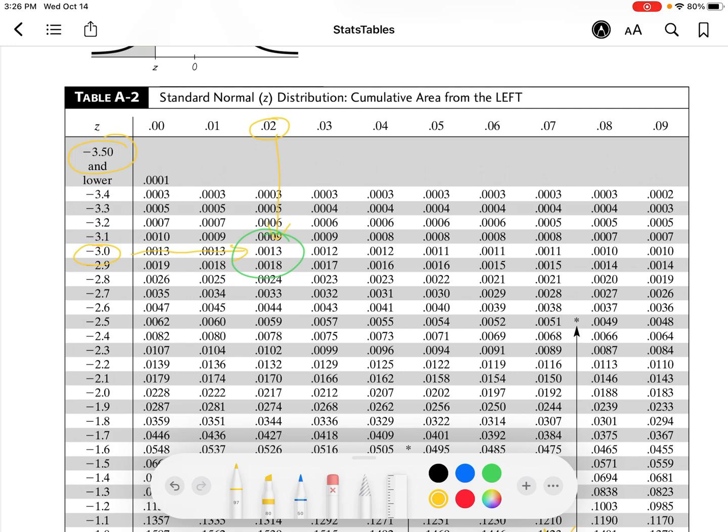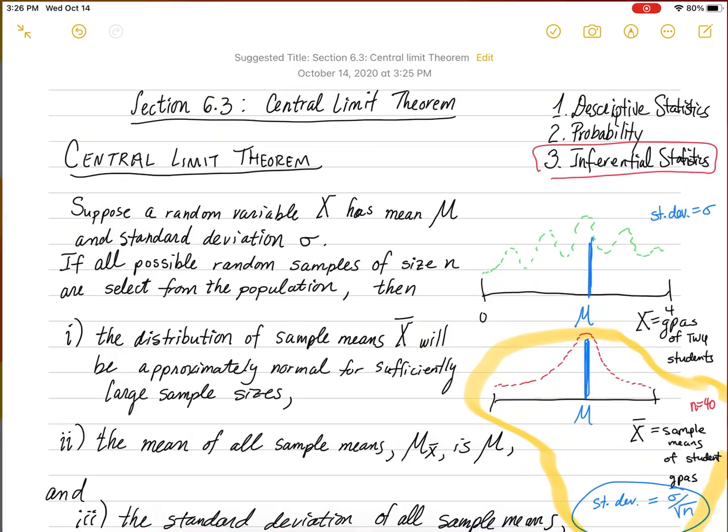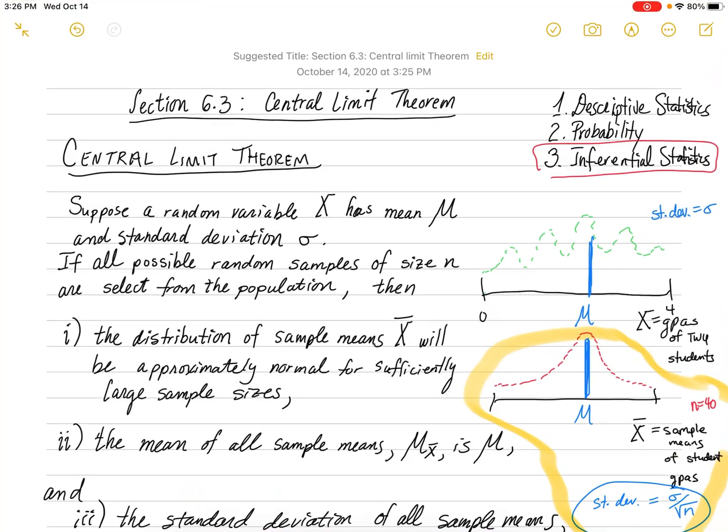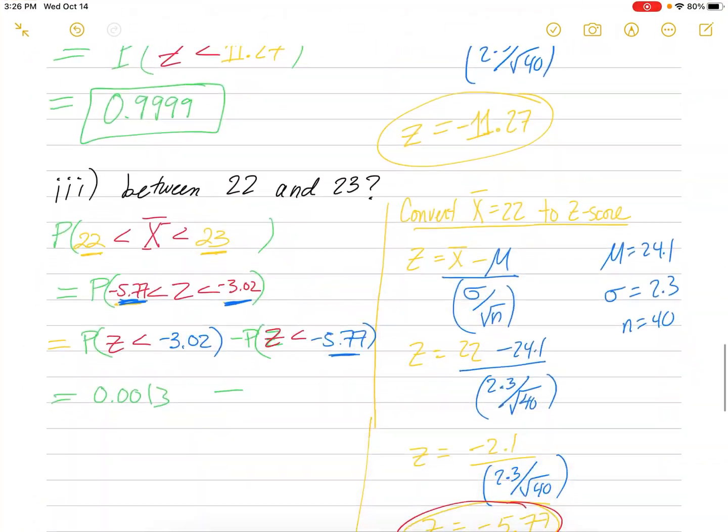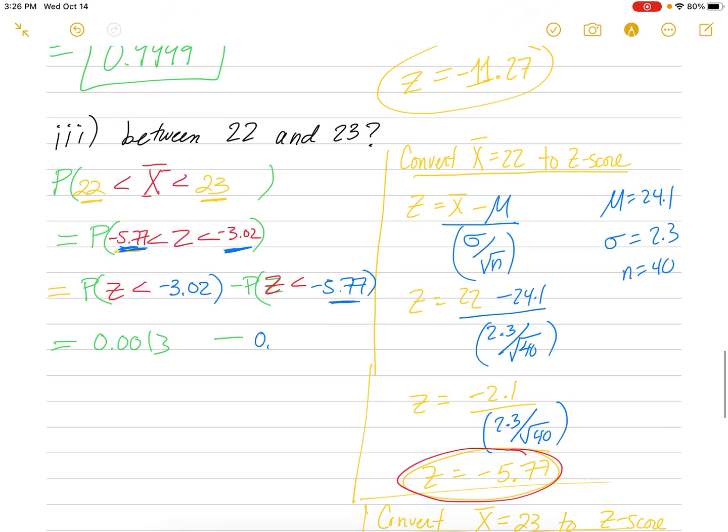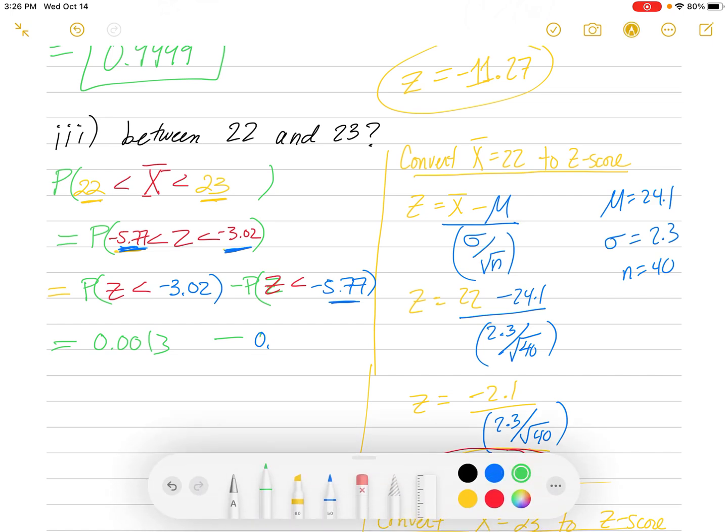So in that case, since you can't find negative 5.77, you just say negative 3.5 and lower. You take this right here, 0.0001. So we'll put that in. 0.0001. That's what would happen when we looked up negative 5.77 in our table. We got 0.0001, and you just subtract those numbers. And what do you get? You get 0.0012.